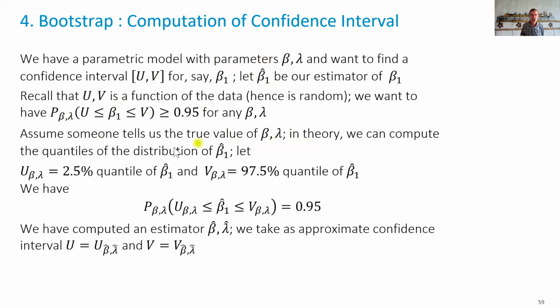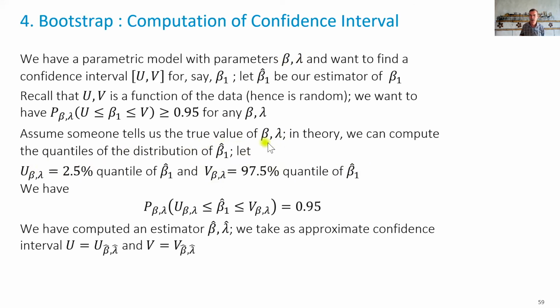Then in theory, we can compute the quantiles of the distribution of beta 1 hat here, right? If I know beta and lambda, since beta 1 hat is obtained from the data, I can obtain its distribution. And let me call u and v the quantiles that I obtain of beta 1 hat when the true parameters beta and lambda are given.